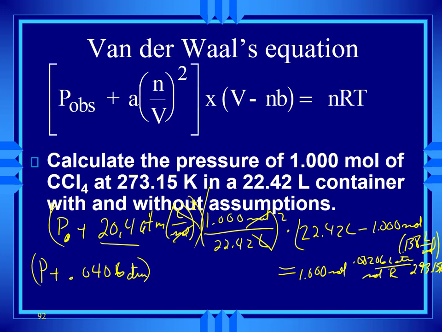And then 22.42 minus 1 times 0.138. It's 22.28, and that's liters. And all of that equals 0.08206 times 273.15. Surprise, surprise. That equals 22.41 liters.